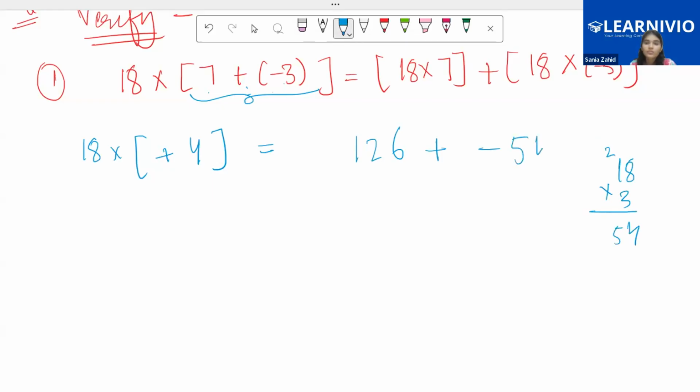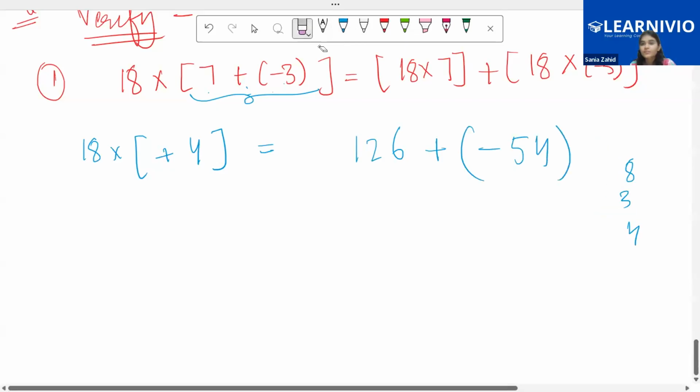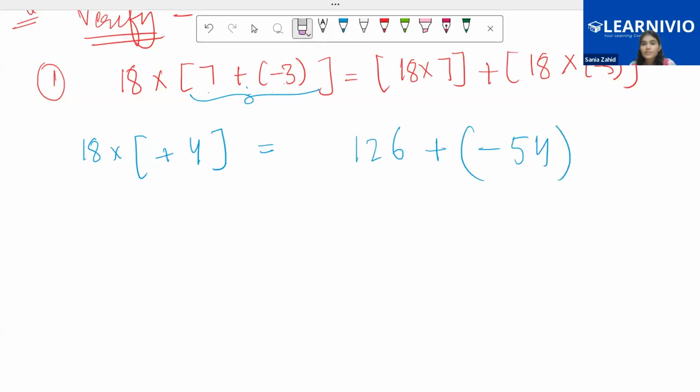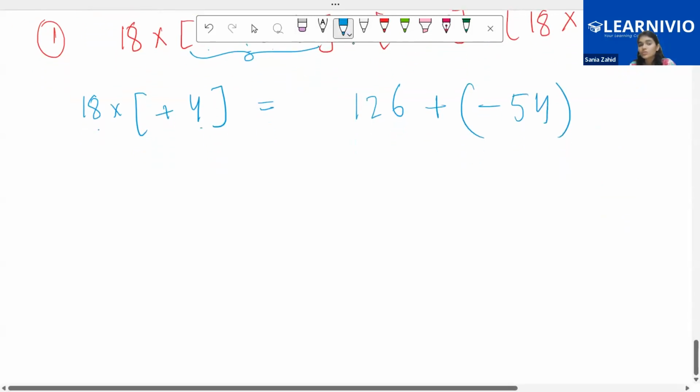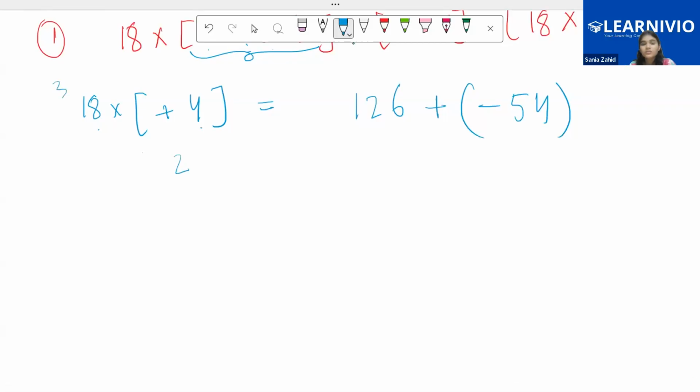Minus 54, okay, because it is minus 3. Now 18 into 4. So what is 18 into 4? 72 is equal to 126 minus 54.